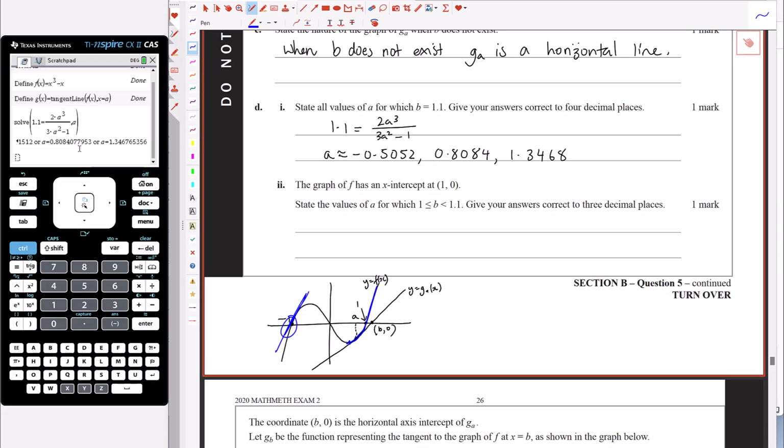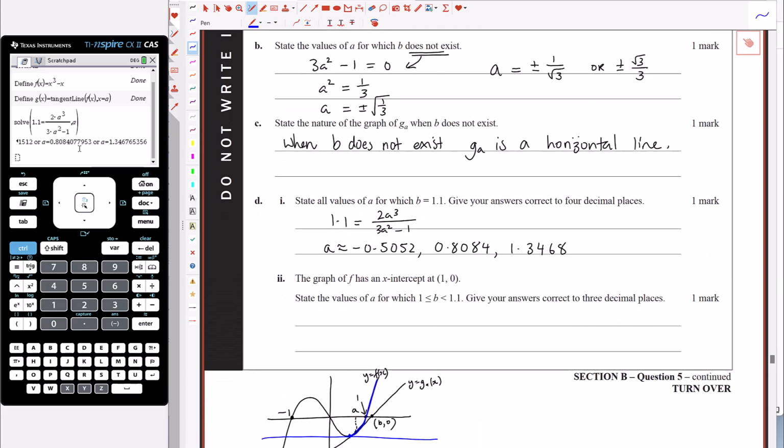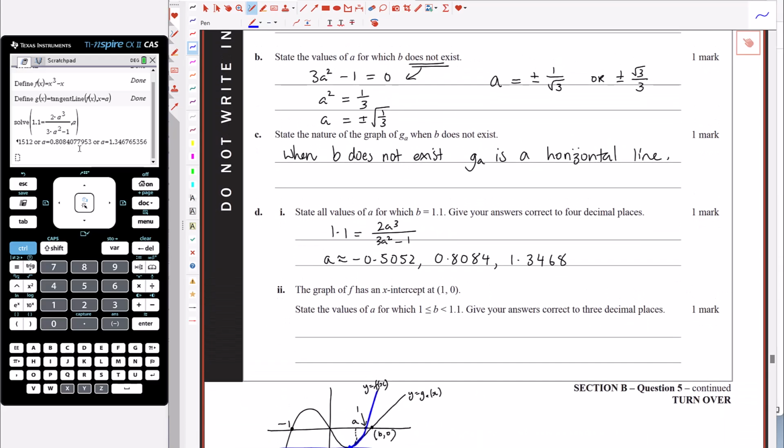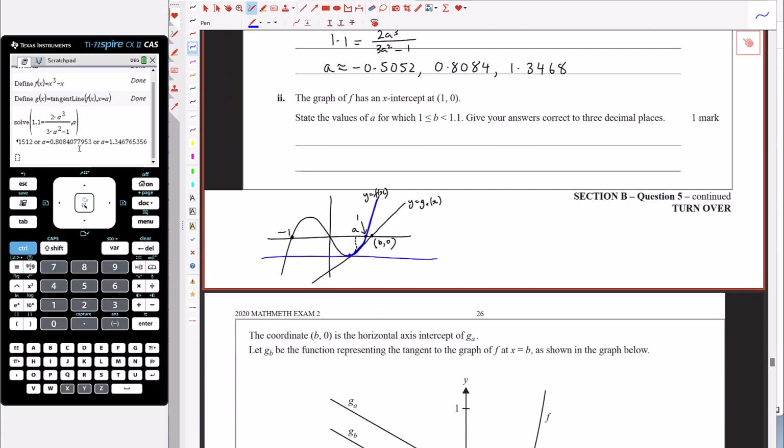So we know that A definitely has to be past the turning point. Actually, we've already worked out those values, haven't we? We know that when A equals positive root 3 on 3, that's when we have a horizontal tangent, so that must be the turning point, so that must be root 3 on 3.